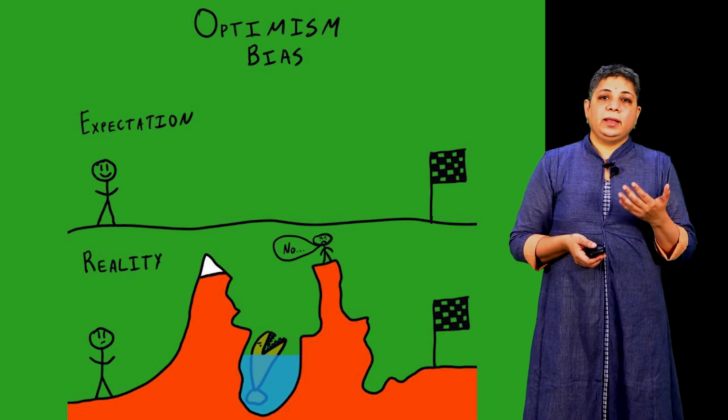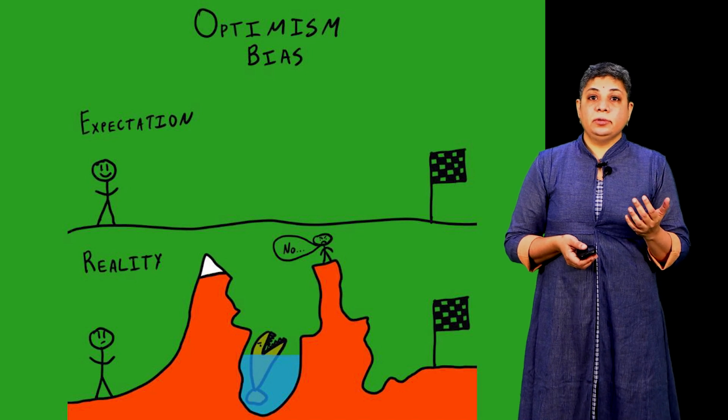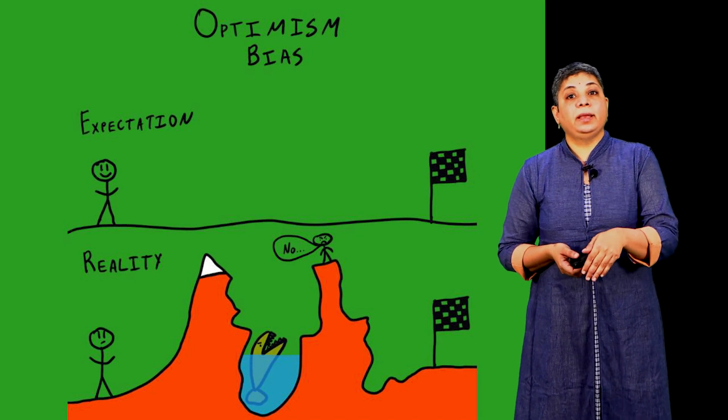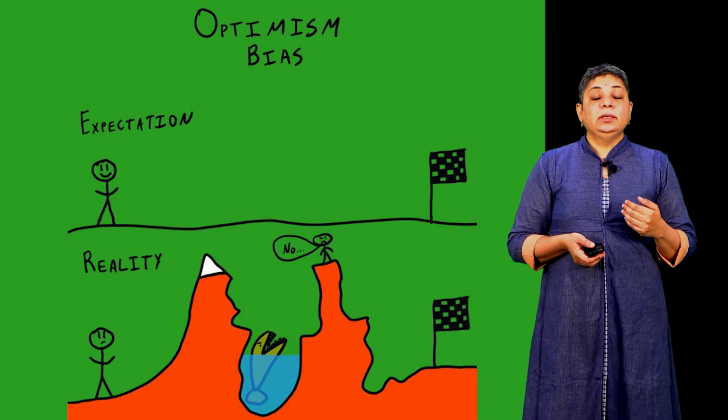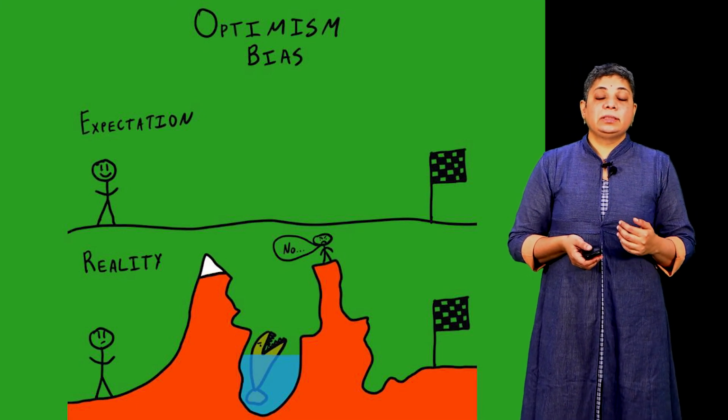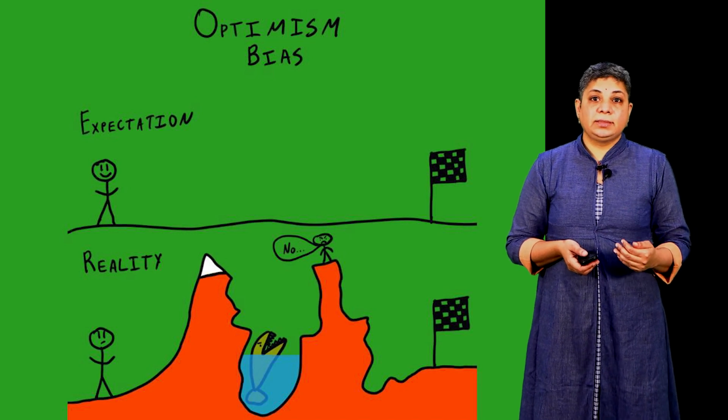They will think that it may be true, but it won't happen to my person, it won't happen to my family member. So there is a build-up of something called an optimism bias.